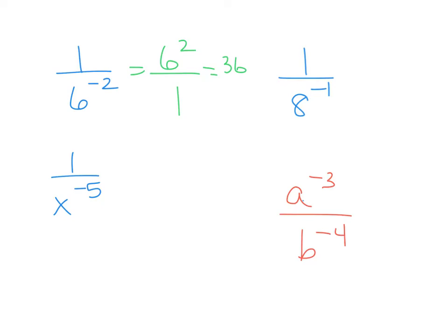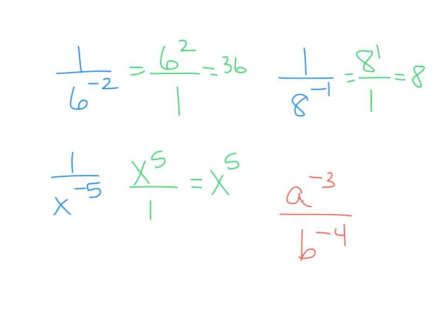1 over 8 to the negative first. Again, I'm going to flip it over, and it becomes 8 to the first over 1. And then, of course, 8 to the first is just 8. 1 over x to the negative fifth. Again, if I flip it over, it becomes x to the fifth over 1, and we're just going to write x to the fifth. We're not going to put that 1 in there. And then what happens with this little mix over here on the right in red?